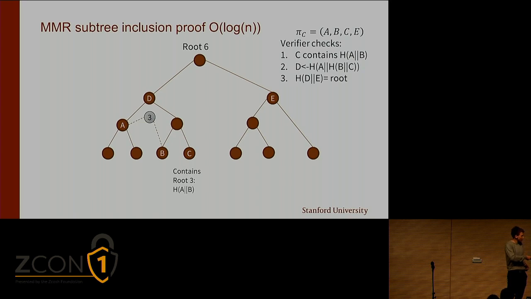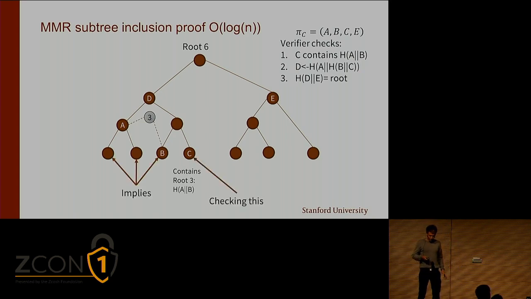This root here, which is committed to in B, should be the subtree of the large tree. And in general, I can very easily do these subtree proofs, where I prove to you that I have some block here, and the block has a Merkle root, and I can prove to you very easily that this Merkle root is a subtree, the subtree of the right size, of the overall tree. And this property will be very important for our protocol. And these proofs are like an inclusion proof.